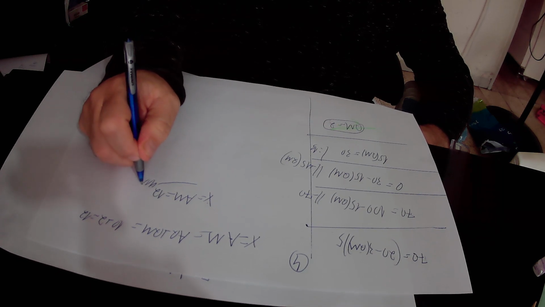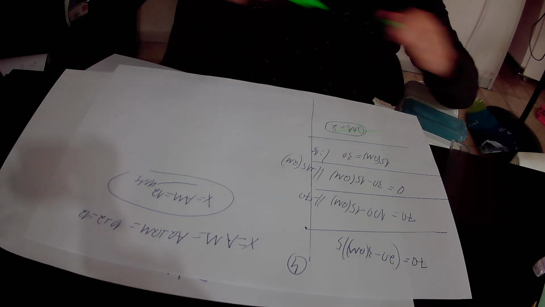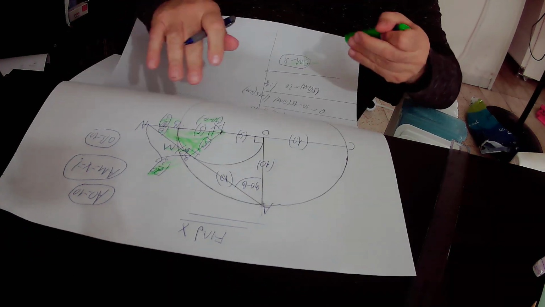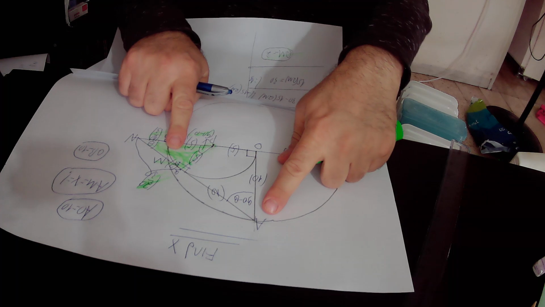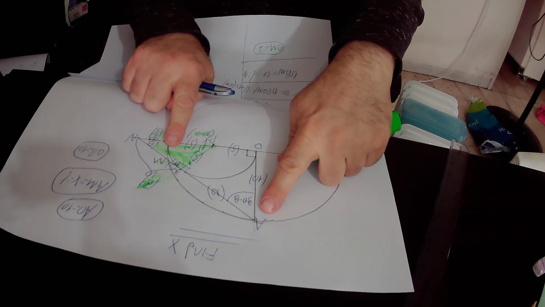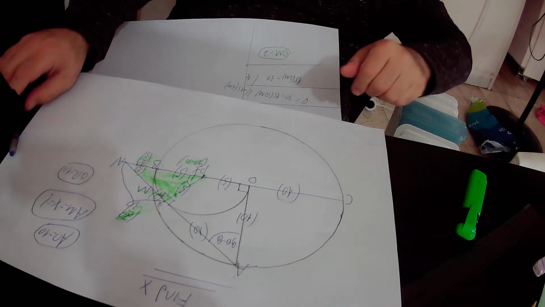And that is the answer to our question. This line segment AM that is equal to x equals 12 units in length. So in the next step, I will summarize the lecture.